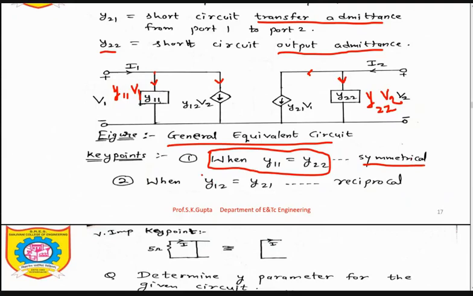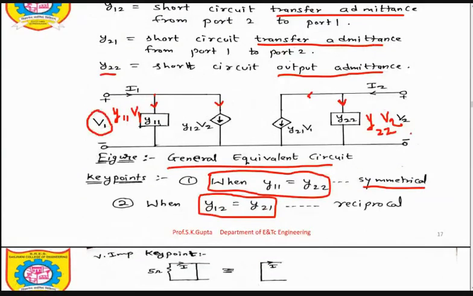And whenever the transfer admittances are the same, that means Y12 equal to Y21, we can interchange excitation, that is input, and response, that is output. We can interchange V1 and V2, and in that case the network is called a reciprocal network.